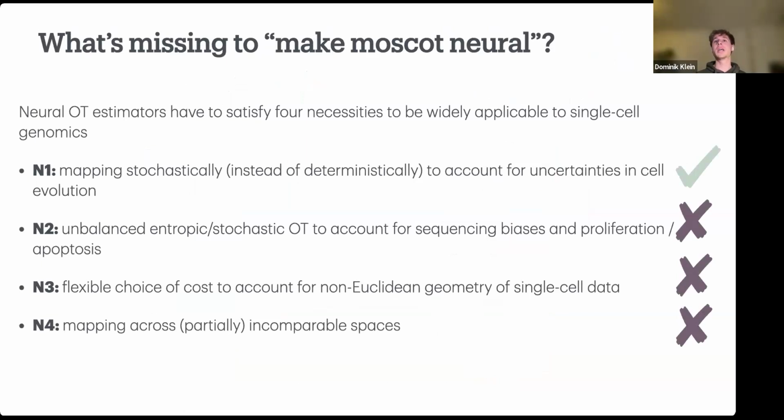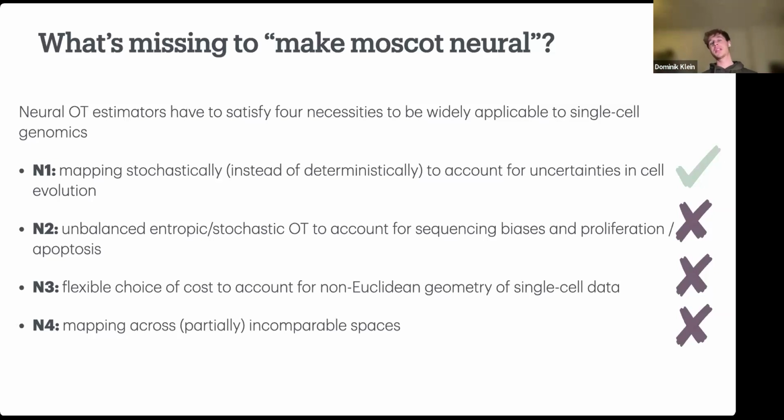We actually want a neural network which generates a cell which somehow looks like a cell in the target distribution, but from a specific cell in the source distribution. So we basically have to learn a parameterized coupling.